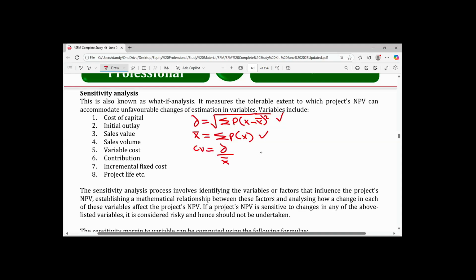But if in the question you are asked to calculate standard deviation of NPV, you have calculated standard deviation of NPV using either of the two formulas.